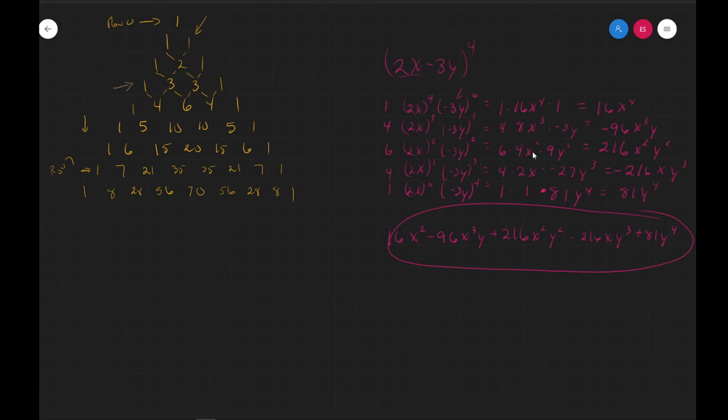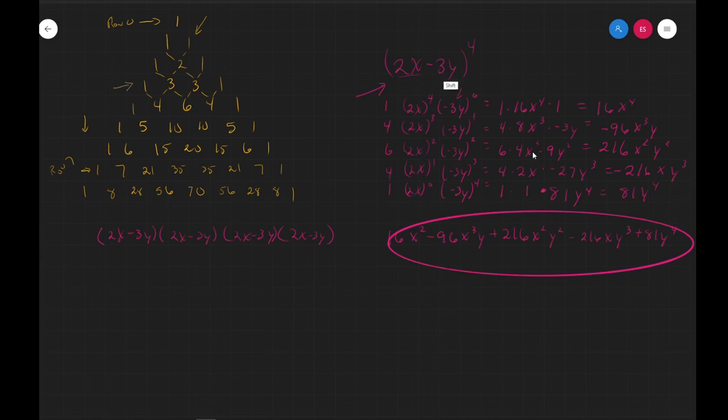This would be our expansion, which you can get to by multiplying 2x minus 3y times itself four times. But in my opinion, this gets to be a little bit easier once you have the format worked out. It's just regular small number arithmetic that you have to keep track of.